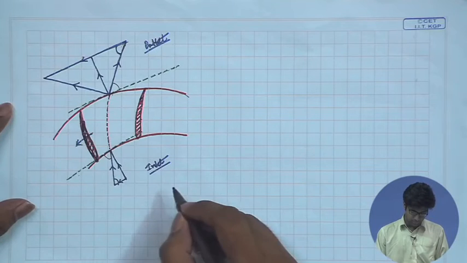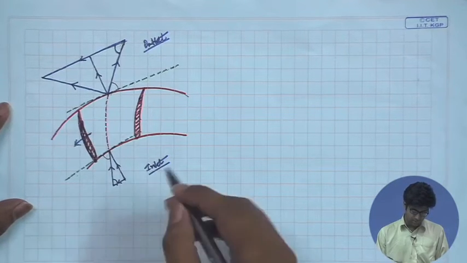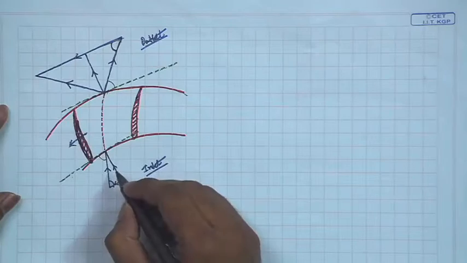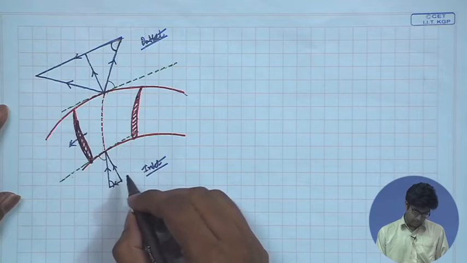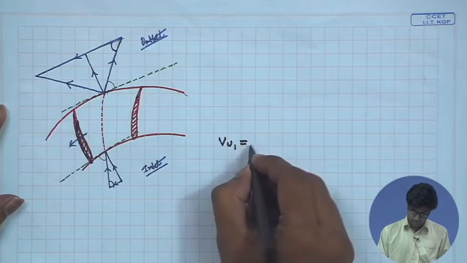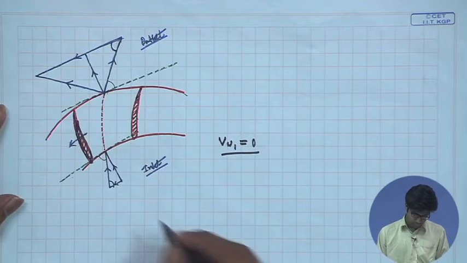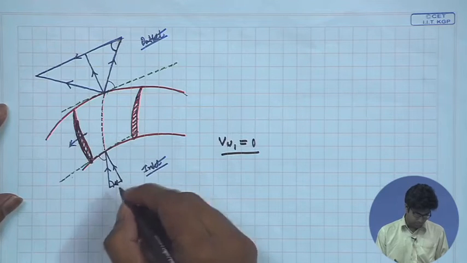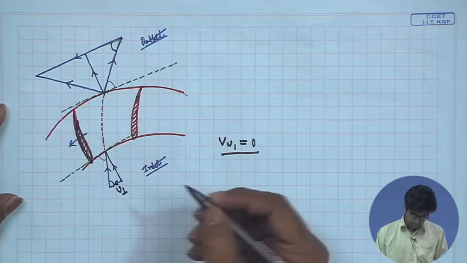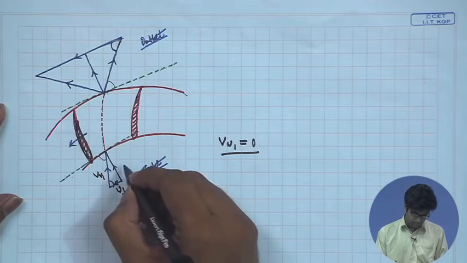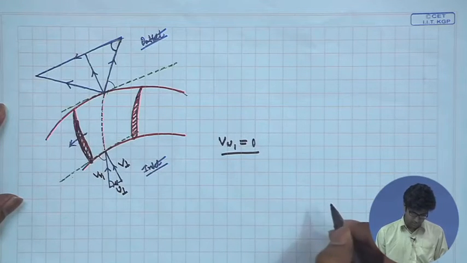For a pump in general we assume, and in practice it is also seen, that the flow enters radially. So, we will be assuming the flow to enter radially at the inlet, that is, we will be considering VW1, the tangential velocity at inlet, to be 0. This is the peripheral velocity of the impeller blade at the inlet, this is the radial velocity at inlet, and this is the absolute velocity at inlet.